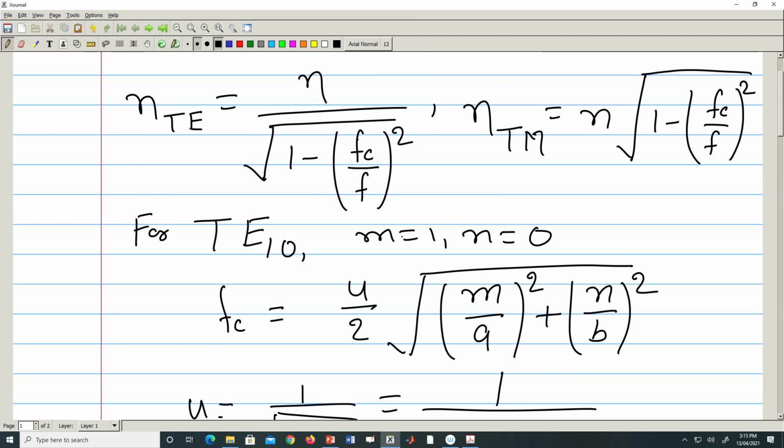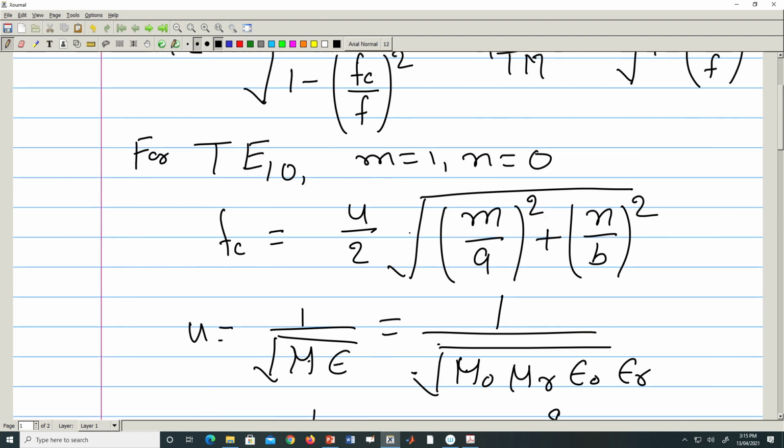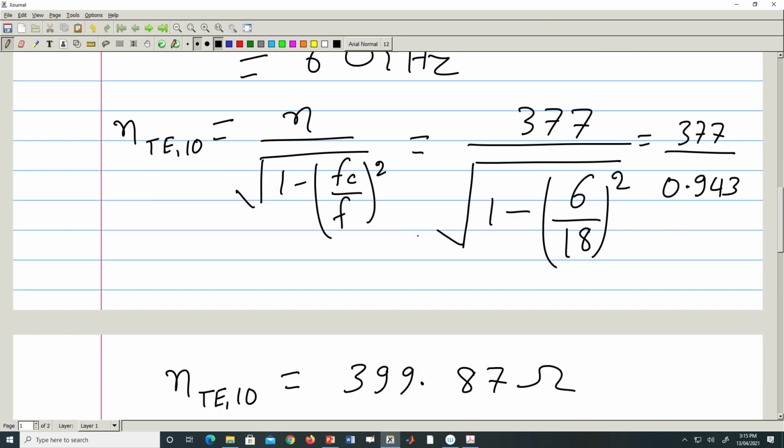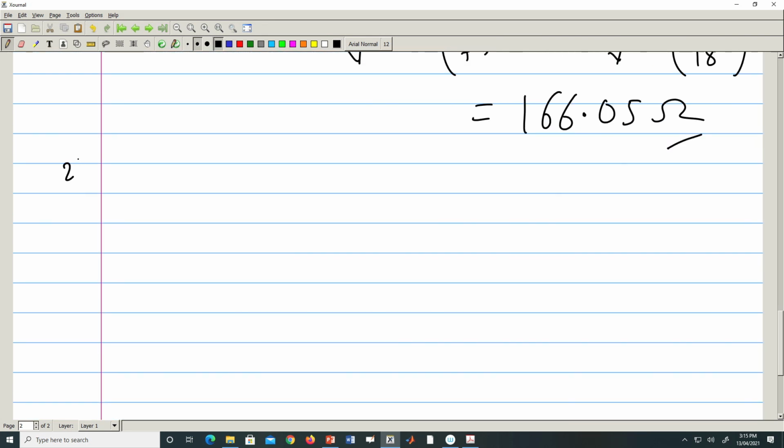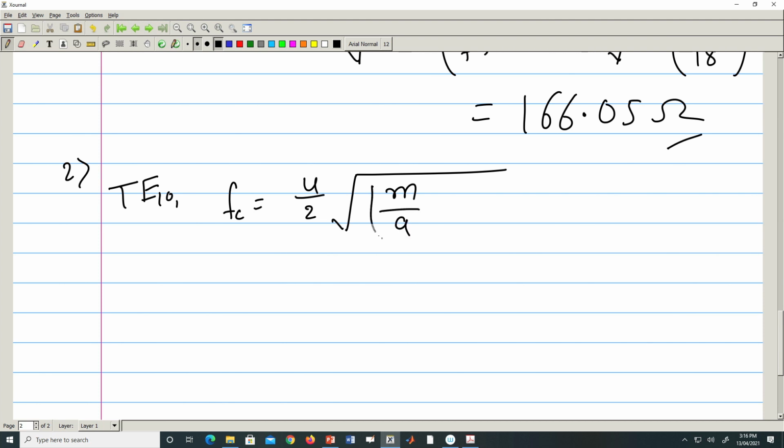For the second problem, Fc for the TE10 mode is u by 2a square root of (m by a) whole square plus (n by b) whole square. Because n is 0, we can write this as u m by 2a, and m is 1.